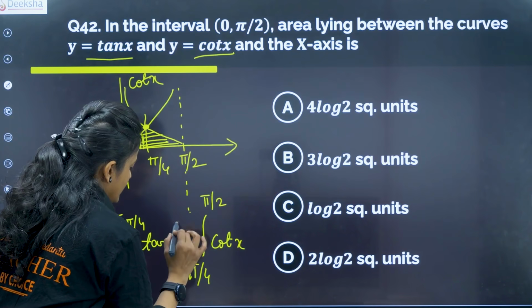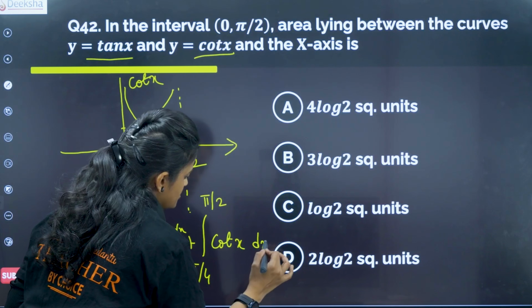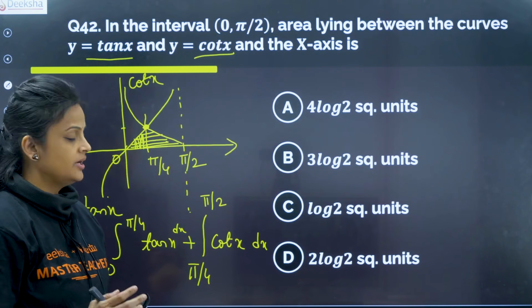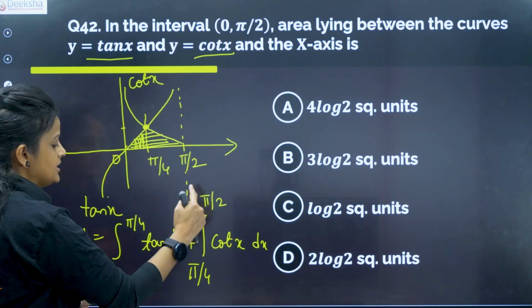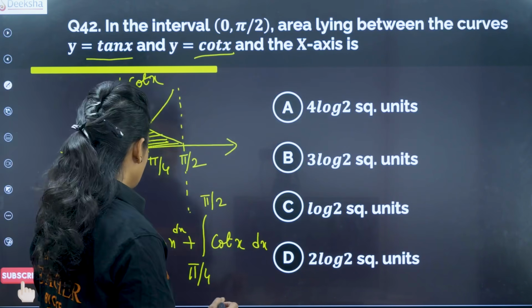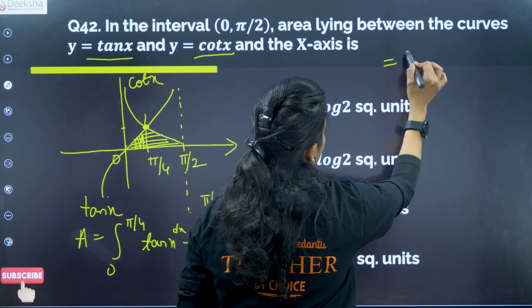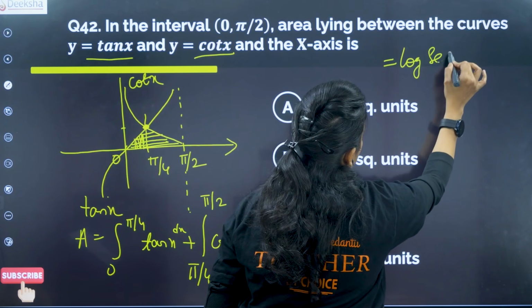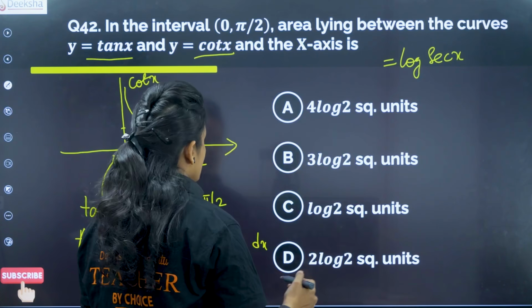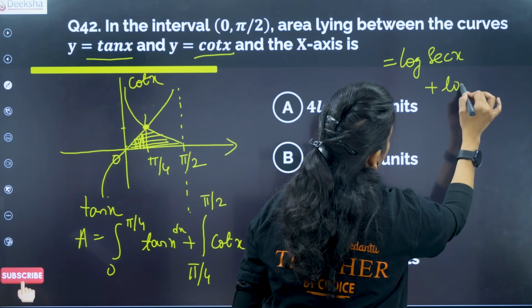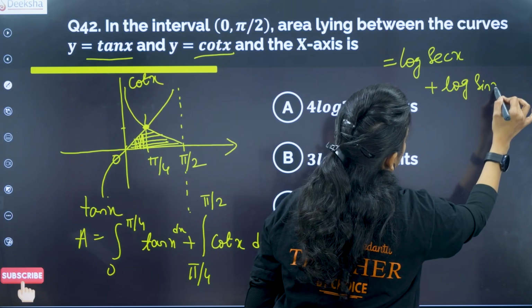Okay, so it is very important to understand how you are splitting. It seems very simple, but if you know the limits you can easily solve it. Okay, both you have to integrate. One integration will be log of secant x, the other integration will be log of sin x with different limits.